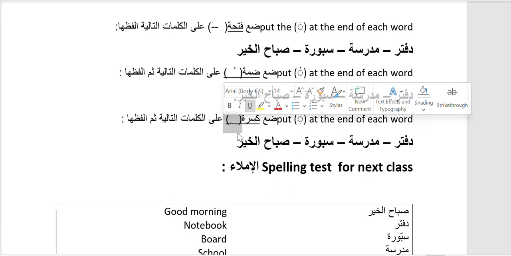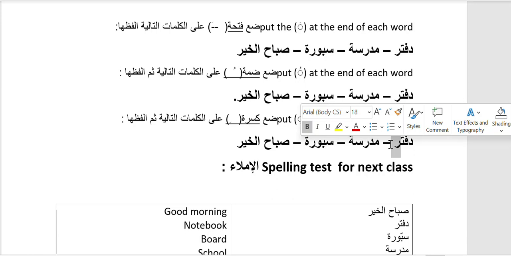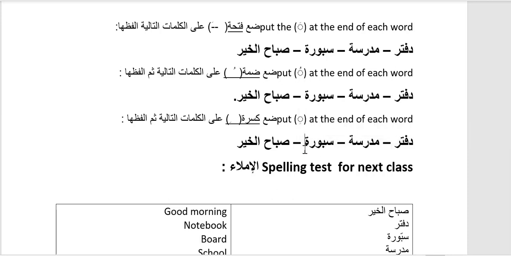Now we move to this one. This one is kasra, and the sound for the kasra is like i. If we put it under the end of the letter, it will be daftari, madrasati, saburati, sabahi, al-khayri.